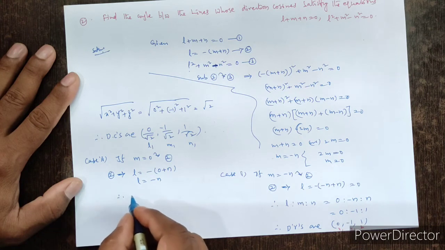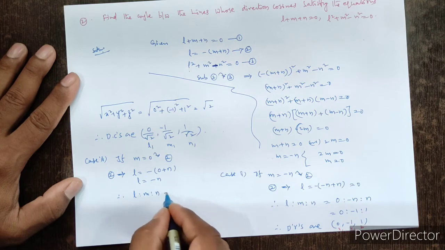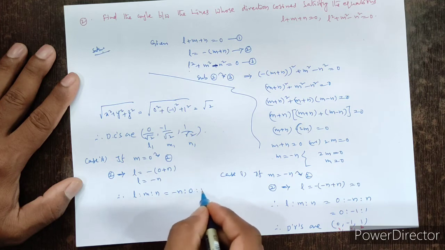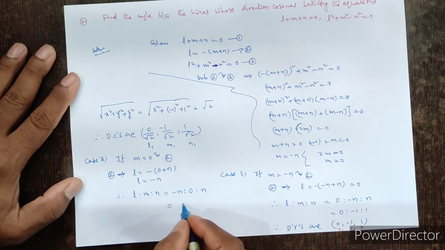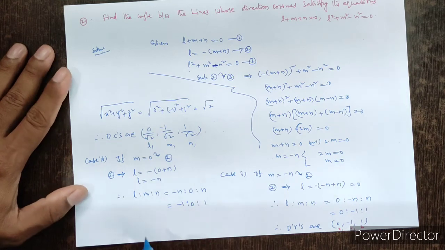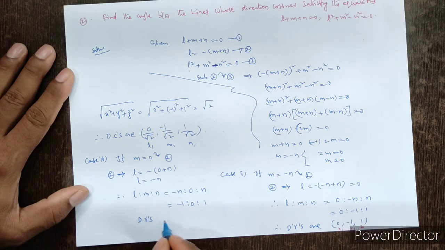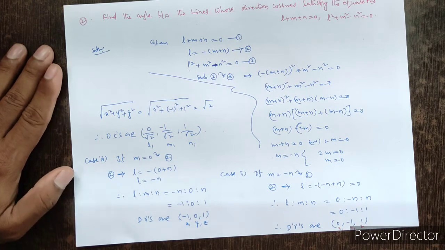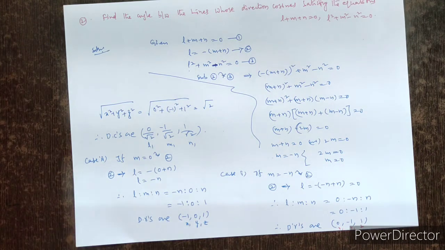Therefore the ratios of direction cosines L is to m is to n, where L equal to minus n, m equal to 0 and n equal to n, that is minus 1 is to 0 is to 1 are the direction ratios. Direction ratios are here minus 1, 0, 1. So let this be x, y, z. So find the direction cosines of the second line.